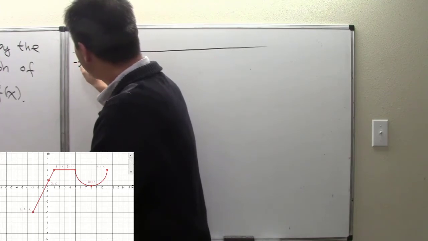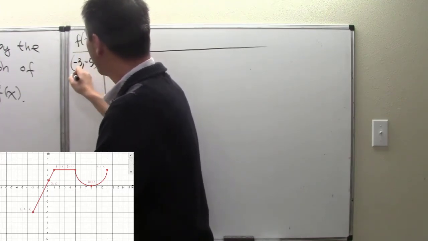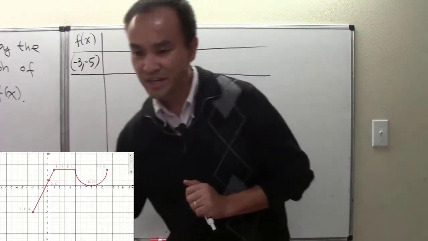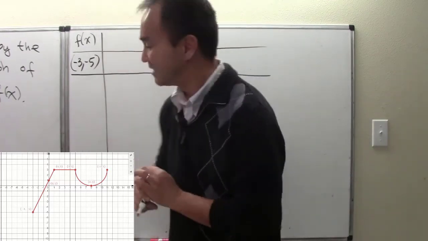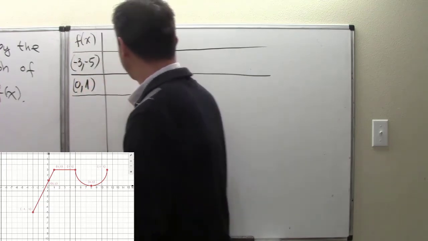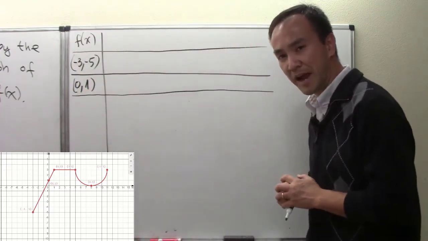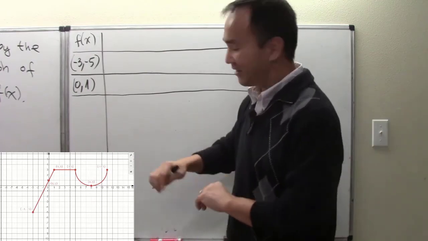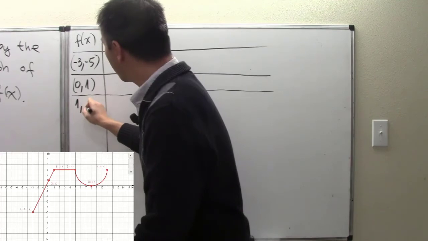Negative 3, negative 5. That's 1 point. And then another point I'm seeing, we have a point at 0, 1. And forgive me if I keep swinging back and forth between the board and the computer station in front of me. Another one I have here is 1, 1.